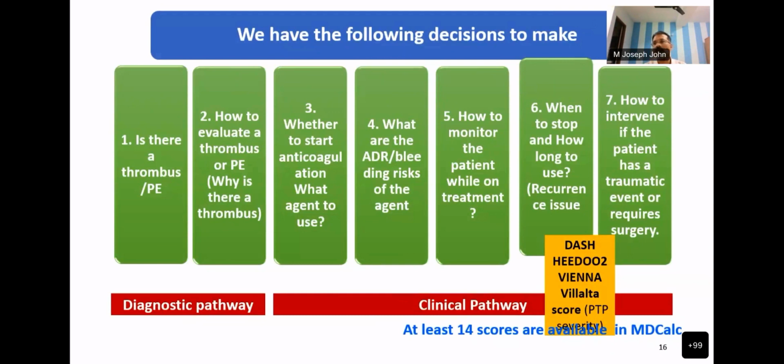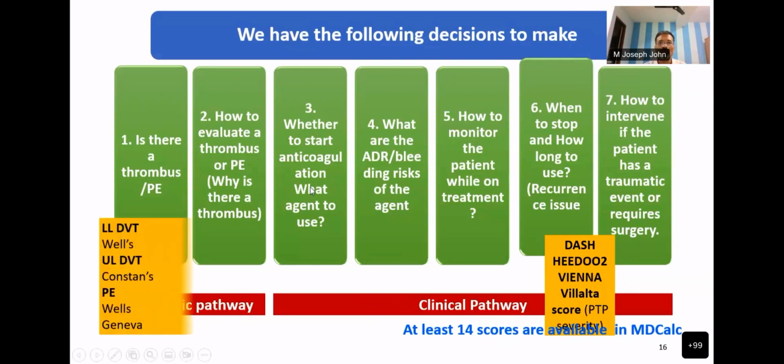How do you monitor them while on treatment? How long would you use? And if they have any other risk factor, how do you intervene at that point? So we have various scores for this: lower limb DVT, Wells score; upper limb DVT, Constans score; pulmonary embolism, Wells and Geneva.